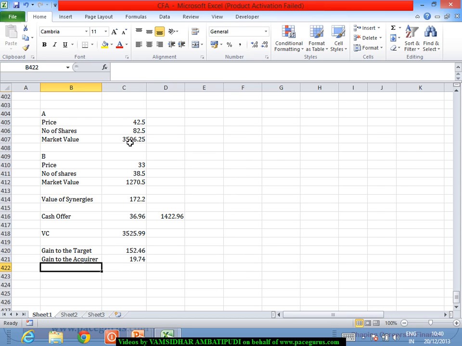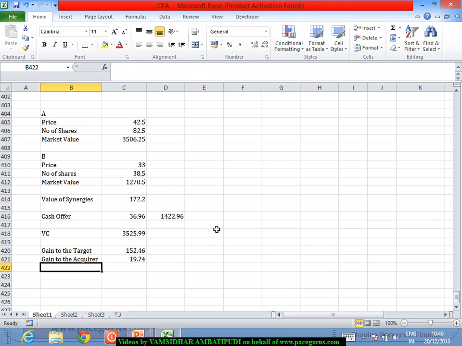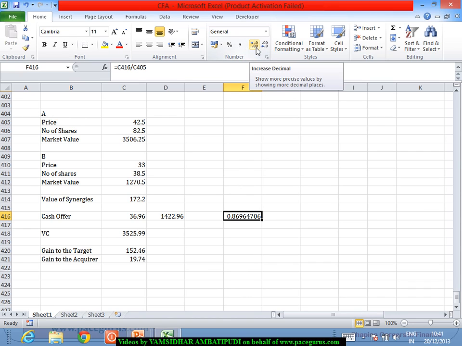Now, the second deal that is available is a stock offer of 0.88 shares of A for each share of B. In fact, the cash offer of 36.96 is almost 87 percent of the price, so let me correct this.